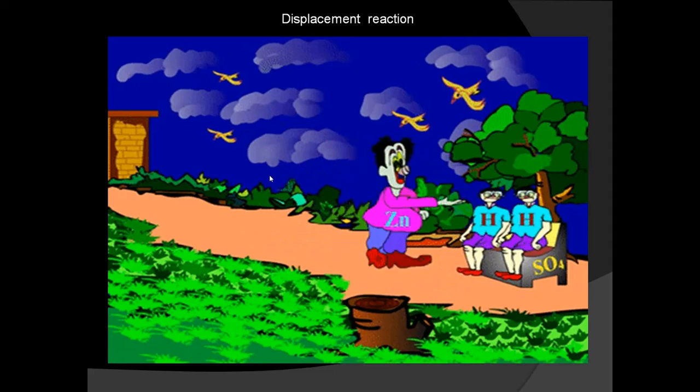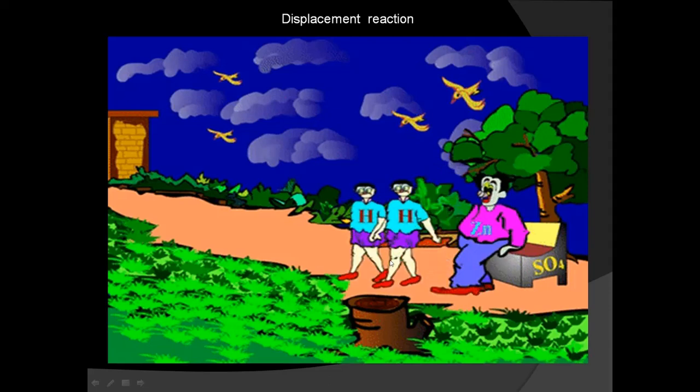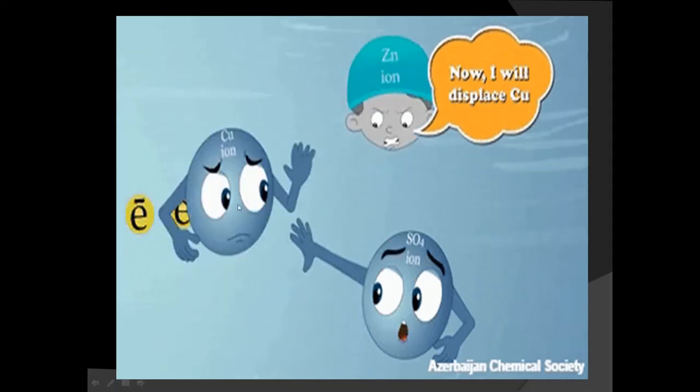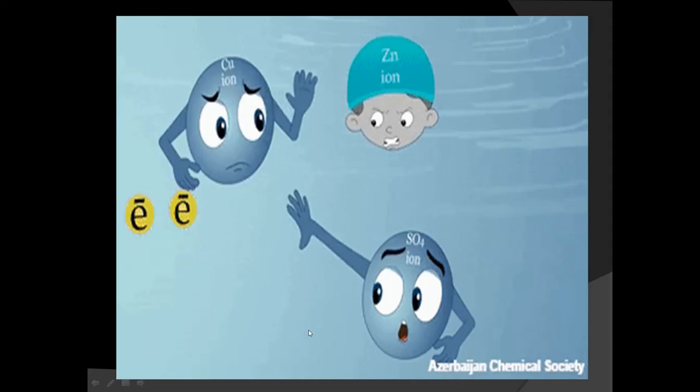Now, it becomes very important for us to learn which element is more reactive and which element is less reactive. In the previous images you have seen zinc and copper, and zinc and hydrogen. With these we come to know that zinc is more reactive than hydrogen, and zinc is more reactive than copper. Let us learn the series of elements by reactivity.